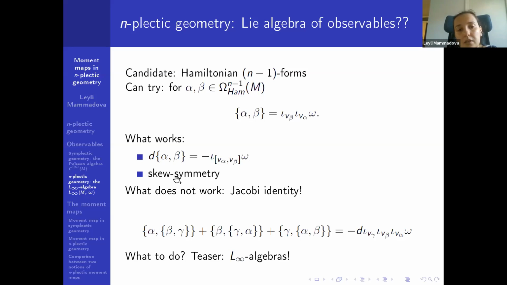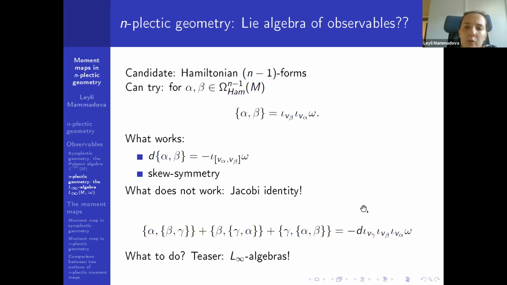And you also have the skew symmetry. What does not work, however, is the Jacobi identity, because if you try to calculate this thing, it's almost there, but it's an exact element instead of a 0.